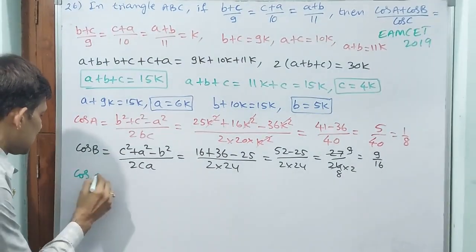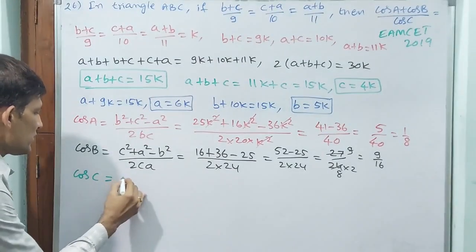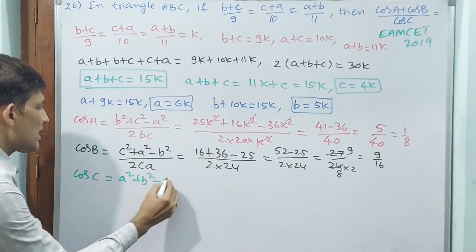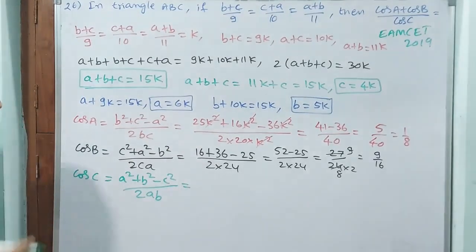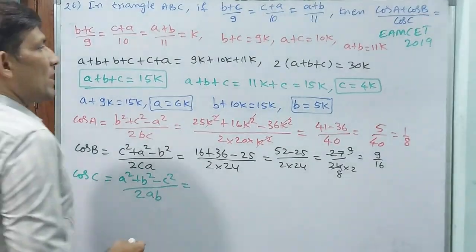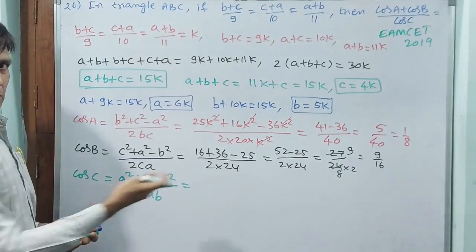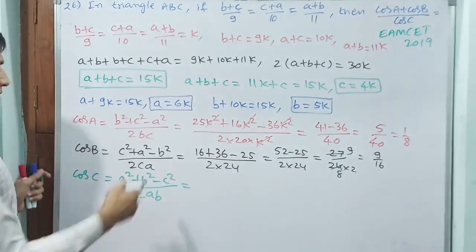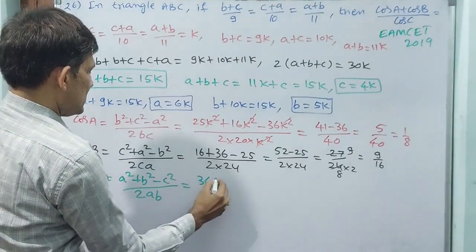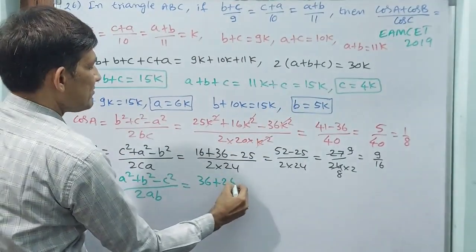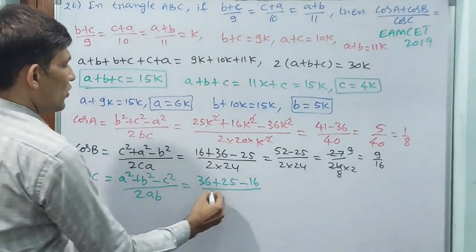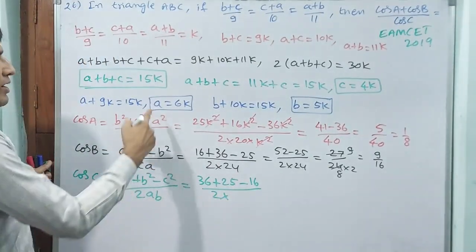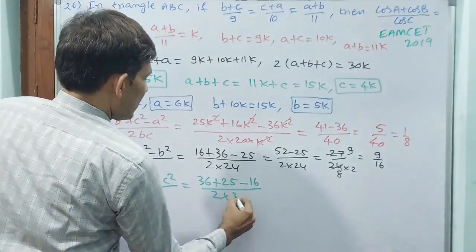Let us go for cos C. Cos C is equal to, we know, a² + b² - c² by 2ab. What is a²? I am not writing k, because we know anyway it is going to get cancelled out. 36, b² 25, minus c² 16, divided by 2 into ab, 6 into 5, 30.